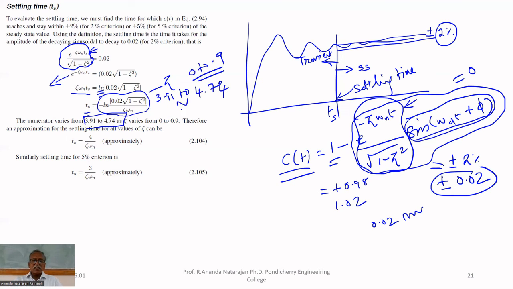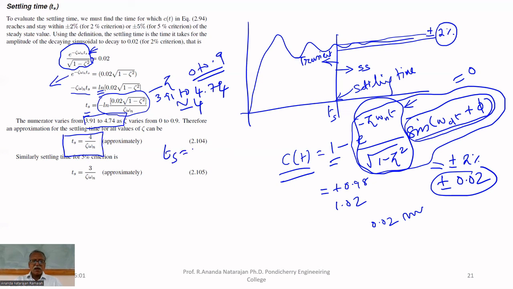Let us approximate this to 4. Then you will get Ts equal to 4 upon zeta omega n, since the numerator value varies from 3.91 to 4.74. Therefore, settling time is 4 upon zeta omega n.